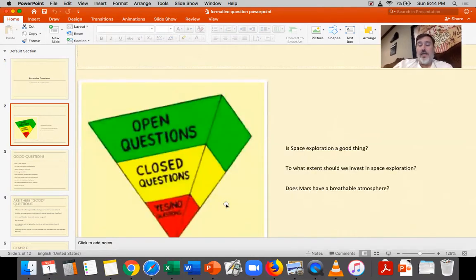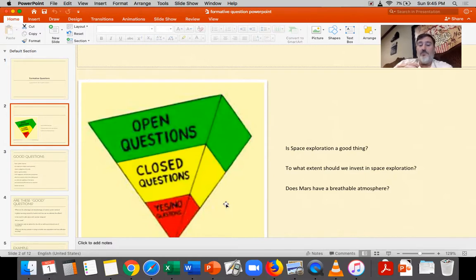Generally speaking, in academics, there's three basic kinds of questions. There's open-ended questions, closed questions, and then of course simple yes and no questions. And you can see here the examples. Is space exploration a good thing? Open-ended question to be discussed in a number of ways, and closed question is to what extent should we invest in space exploration?